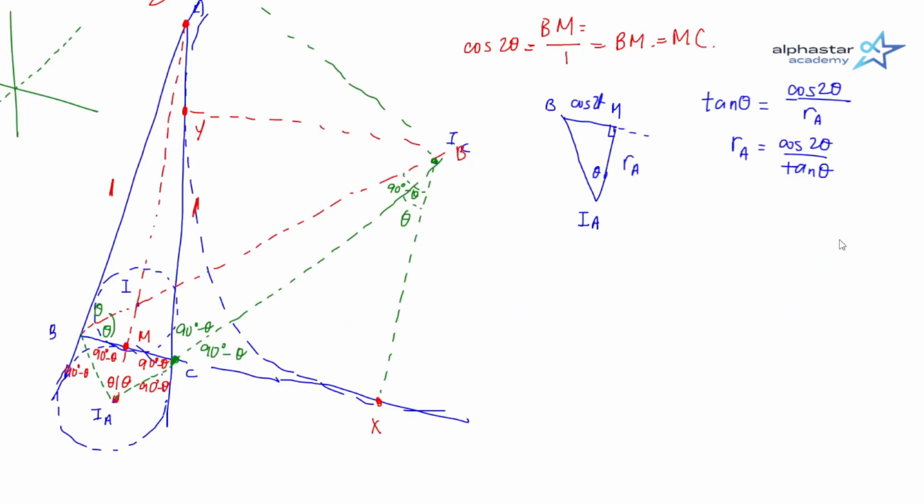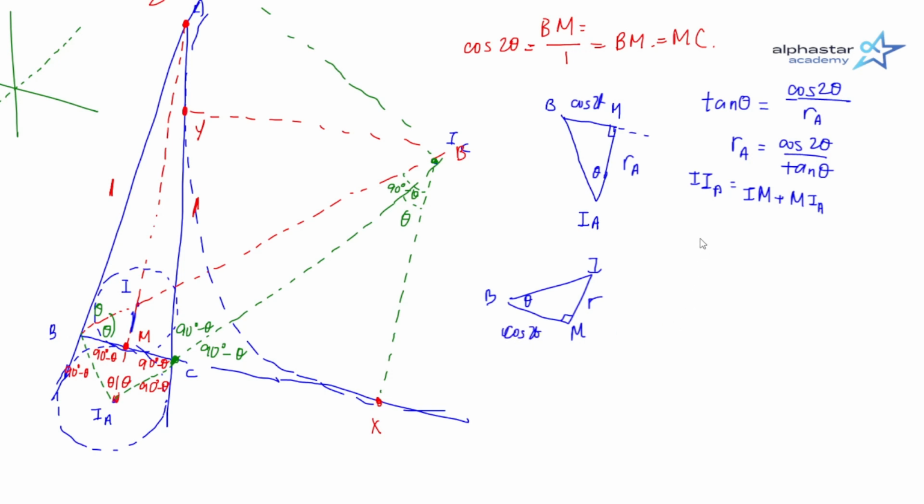Let's do I sub A now. Well, notice that I sub A, we can actually write that as IM plus MI sub A, and IM can be calculated from the triangle BIM with, again, this angle of theta, this being the inradius r, and we can see that this is just IM. And then we know that BM is, again, cosine 2 theta.